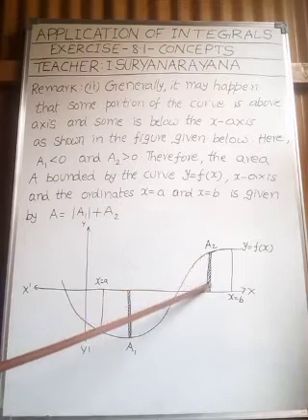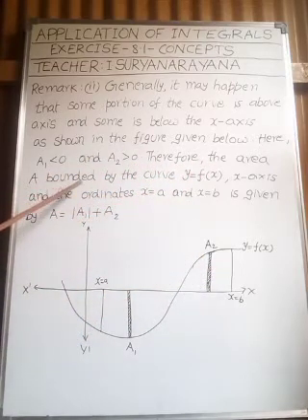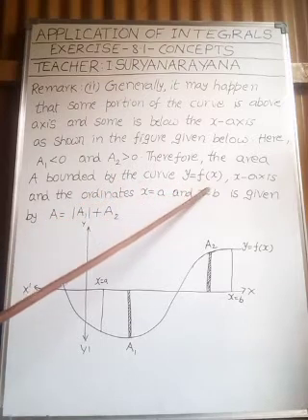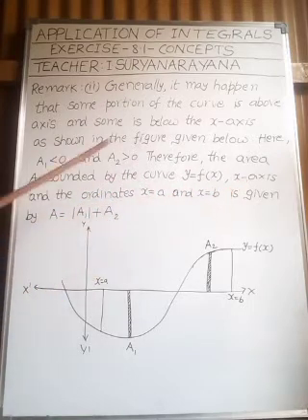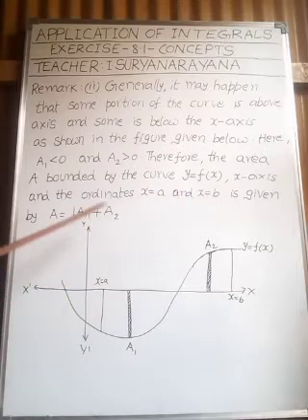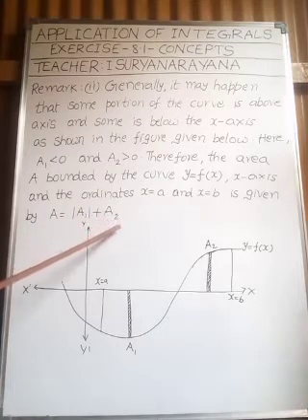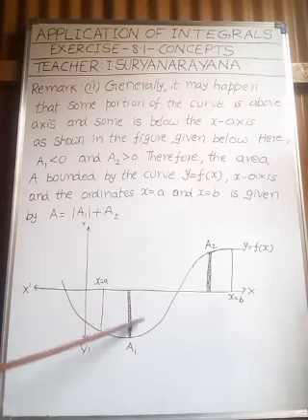Therefore, the area A bounded by the curve y is equal to f of x, x-axis and the ordinates x is equal to a and x is equal to b is given by A is equal to modulus of a1 plus a2, because here we get a negative value.